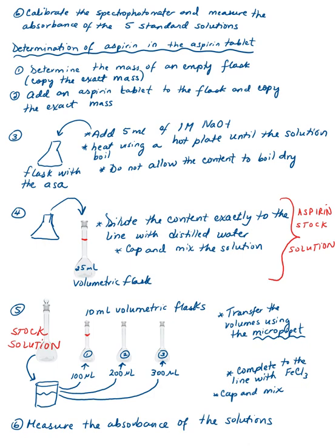You're going to add to your Erlenmeyer flask 5 milliliters of sodium hydroxide with a concentration of 1 molar. You're going to heat your solution using a hot plate again. You're going to wait until the solution boils, but you're not going to let the solution dry up. So you can add a little bit of distilled water to make sure that the solution does not dry.